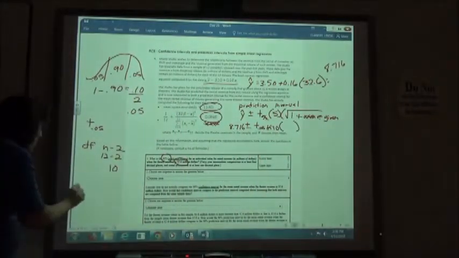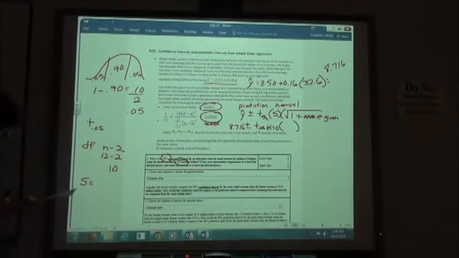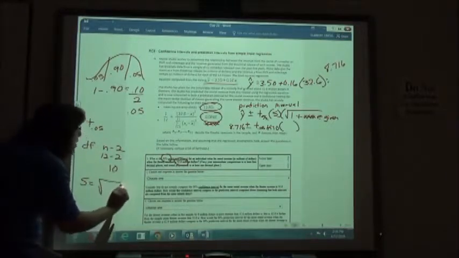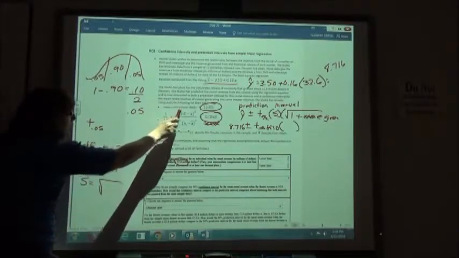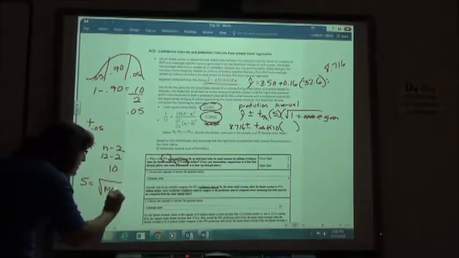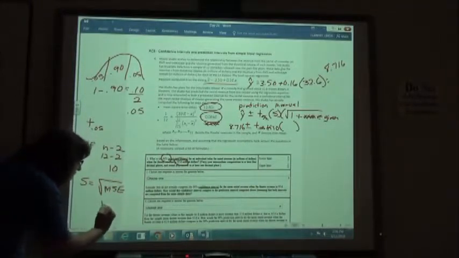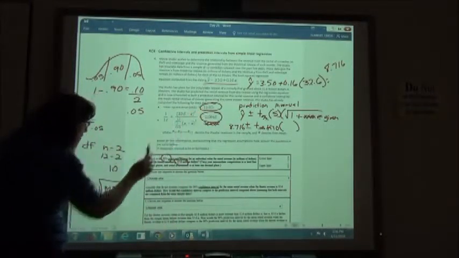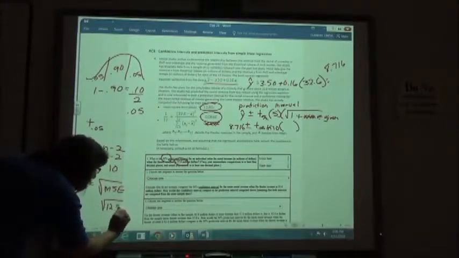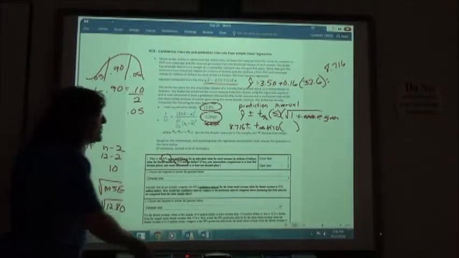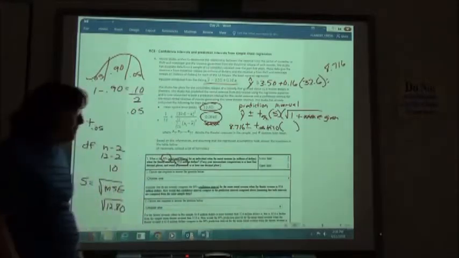The S value is found by taking the square root of the mean of the square error number. So we've got to take the square root of 12.80 in order to find S to go in our formula.